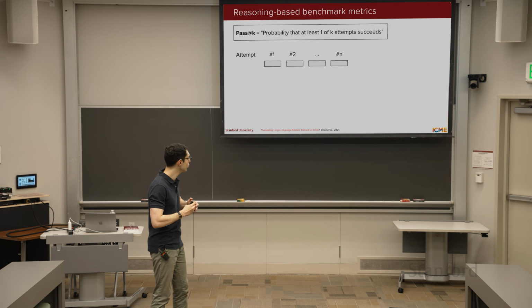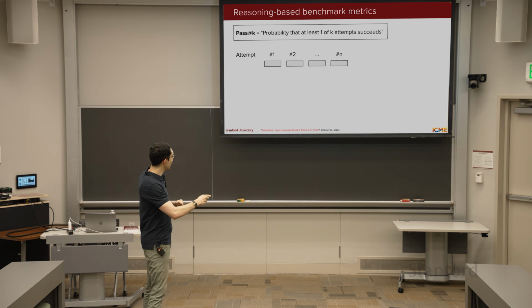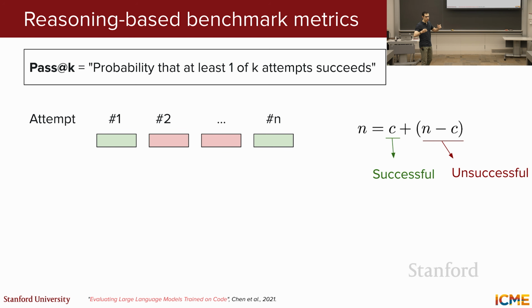So what you do is you typically generate not k, but n answers. And out of these n answers, you are going to have c of them that are going to be successful, and then n minus c that are not going to be successful.